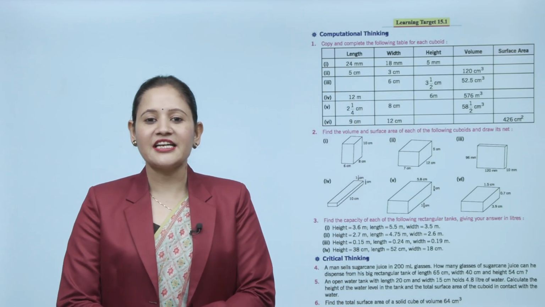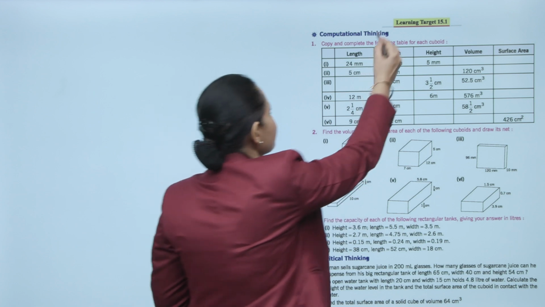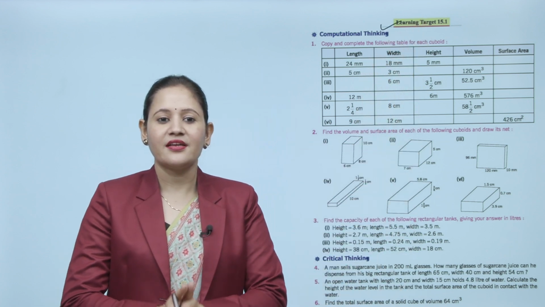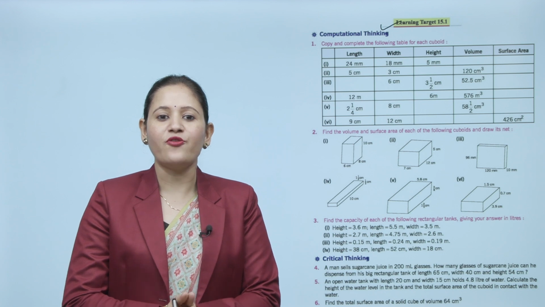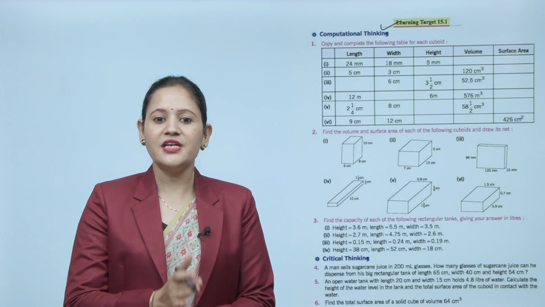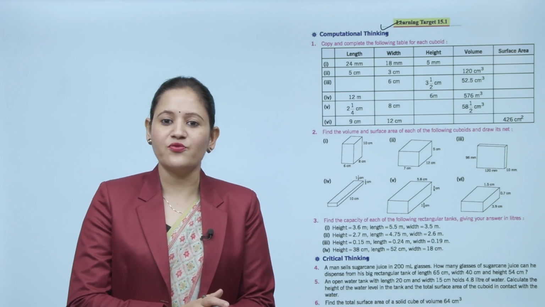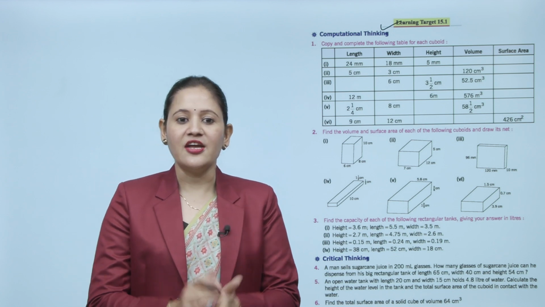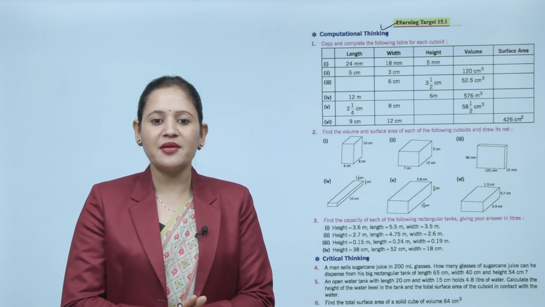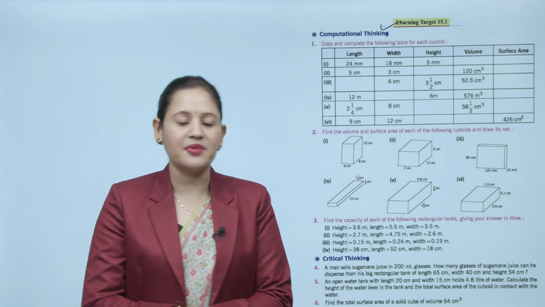Next is learning target 15.1. Computational thinking. Copy and complete the following table for each cuboid. Length, width and height are given. We have to find the volume and surface area. In the first, length is 24 millimeter, width is 18 millimeter and height is 5 millimeter.